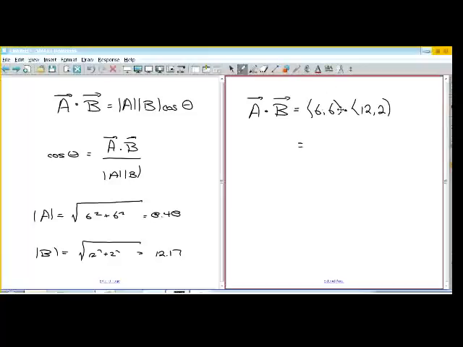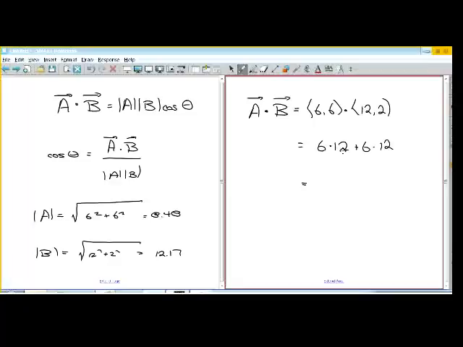The dot product of two vectors. So let's write the two vectors. One is 6, 6, and we dot that with 12, 2. All we have to do is just multiply the components together.